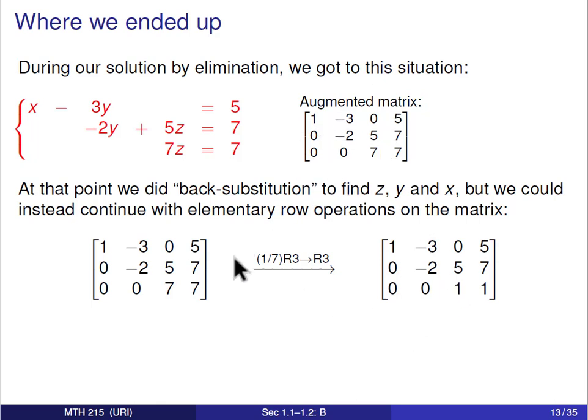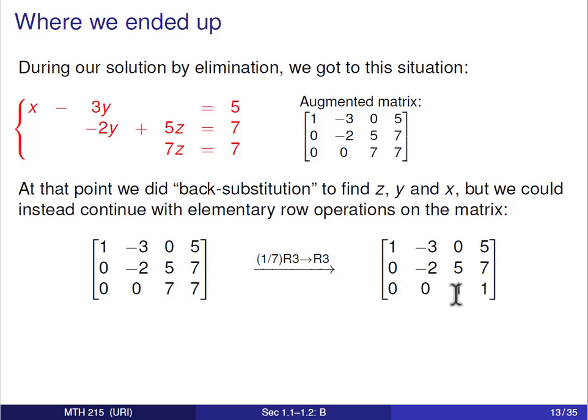So in particular, if this were an equation, we would just divide through by 7 and we'd get z is equal to 1. Well, what I can do is multiply that third row in this augmented matrix by 1/7. And if I do multiply by 1/7, each term, remember, gets multiplied by 1/7, and we end up with a row reading 0, 0, 1, 1.